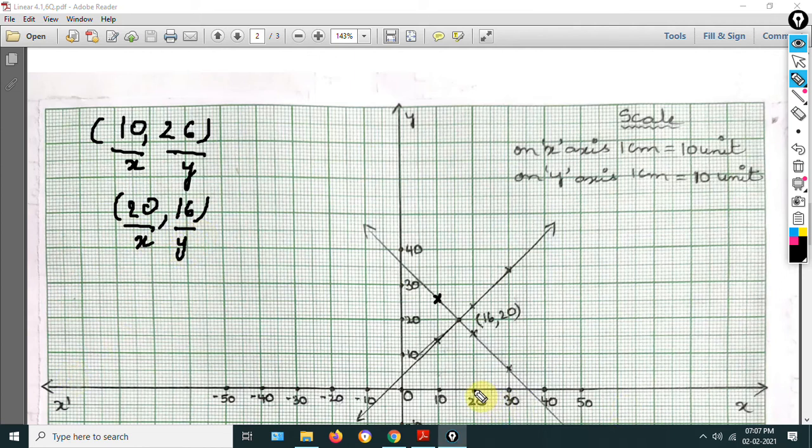From this position we should see where we are getting 16. Here 0 from 20. Here 20, no? So the slight line will be 1. Next will be 2, next 3, 4, 5, 6, 7, 8, 9, 10. Here we got it, no?